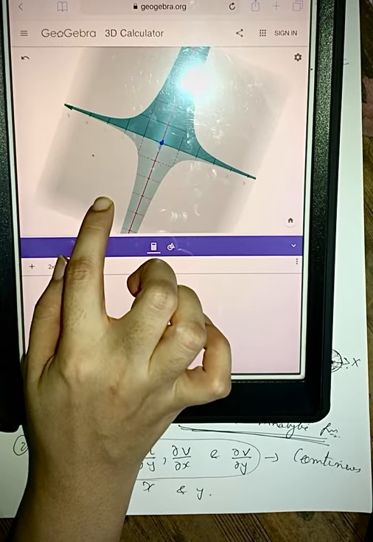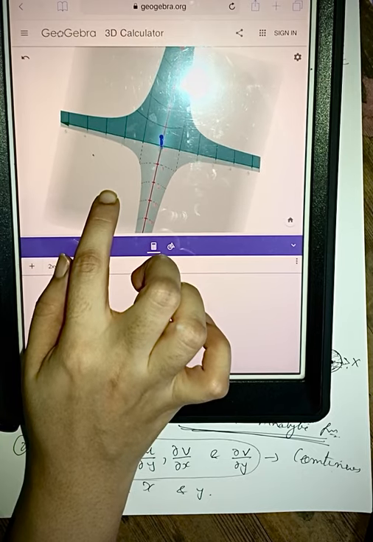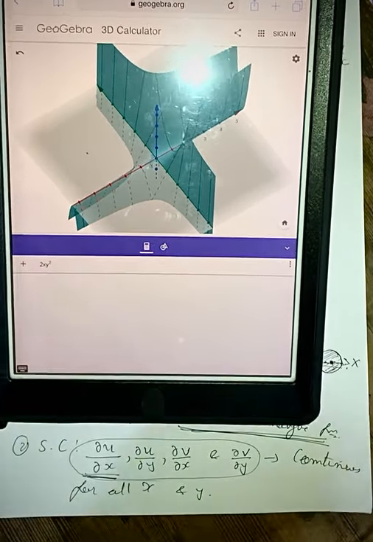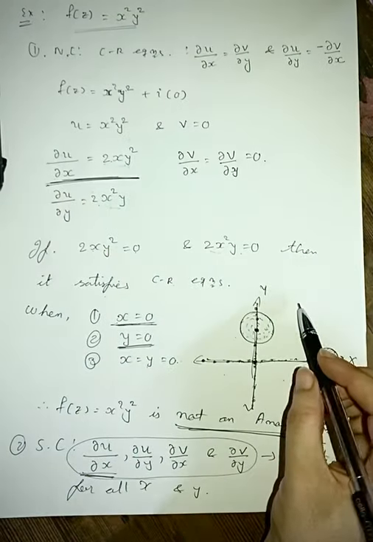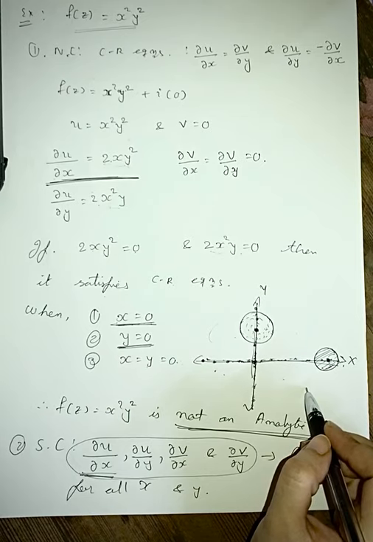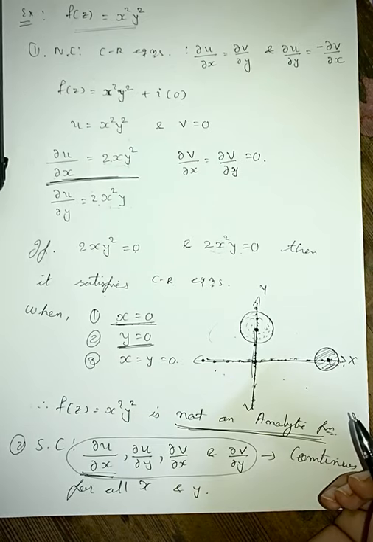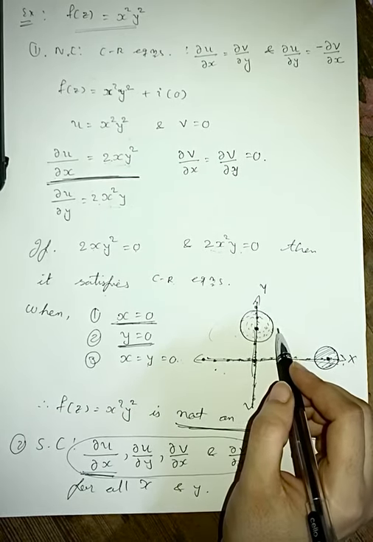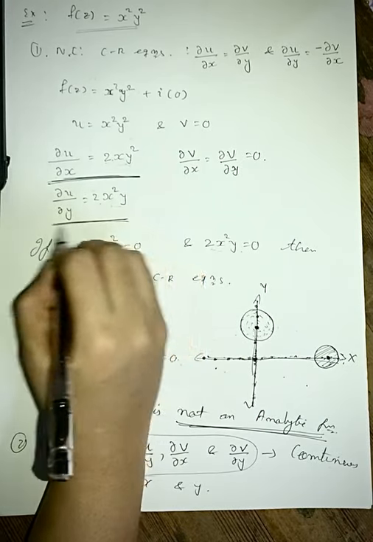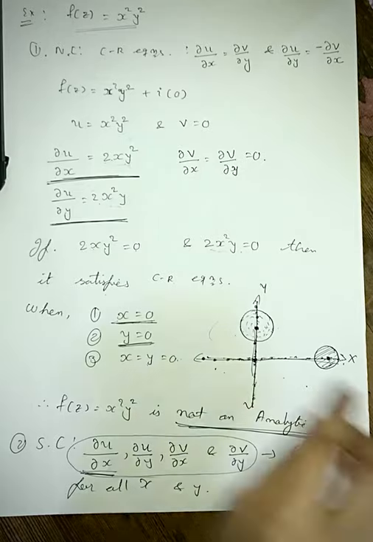And therefore you see that the function will lose its continuity in all these four quadrants, and therefore it is not analytic in the neighborhood. You can check for this thing also, 2x square into y.